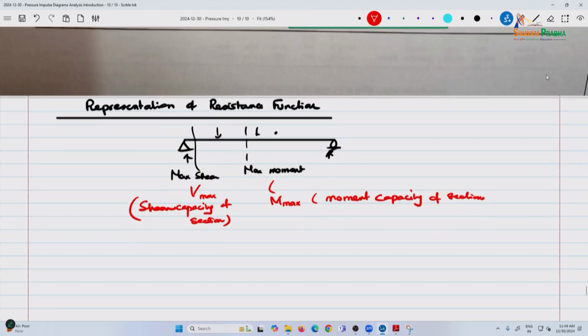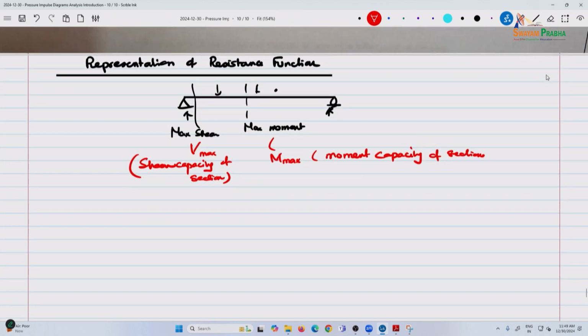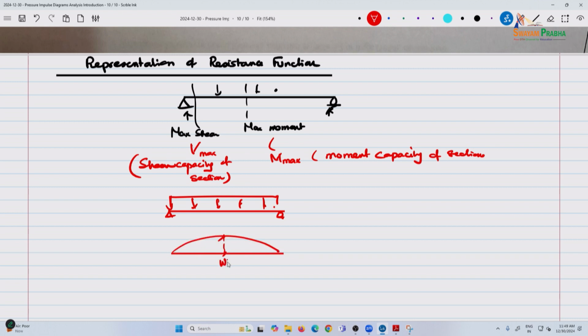For example, we know that if you have a distributed load, the moment diagram is going to be WL squared over 8 as M max.